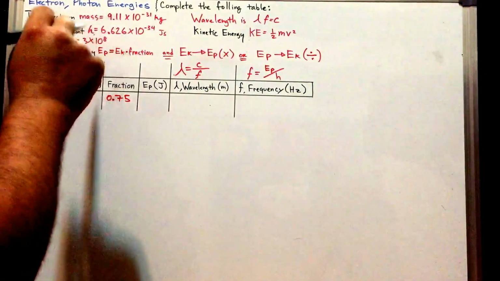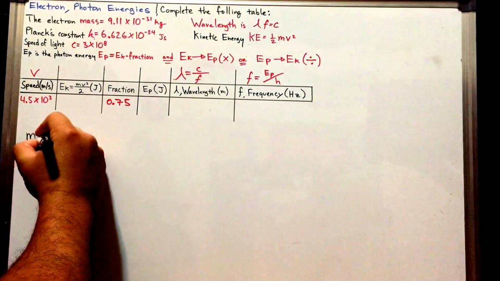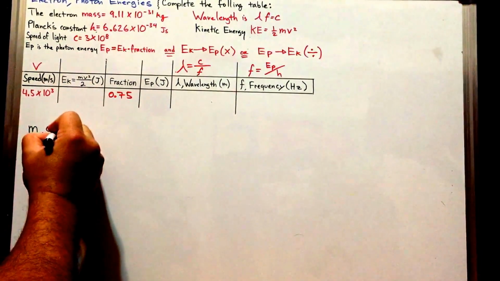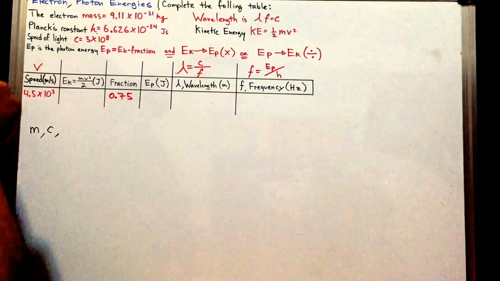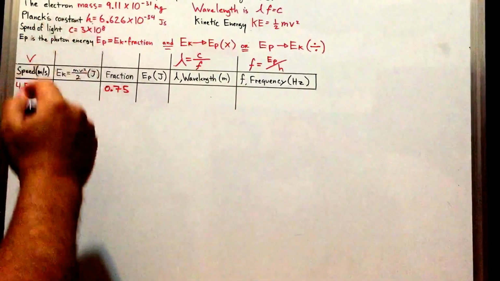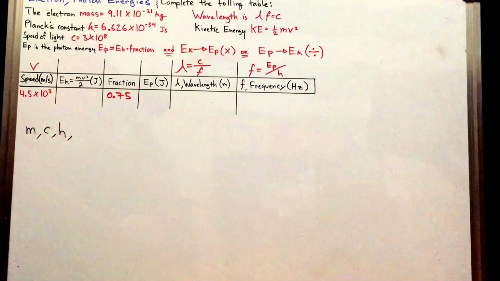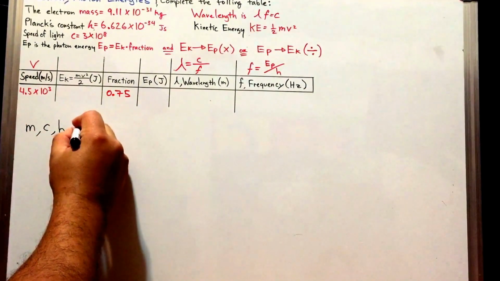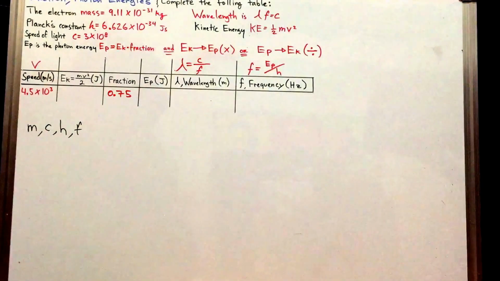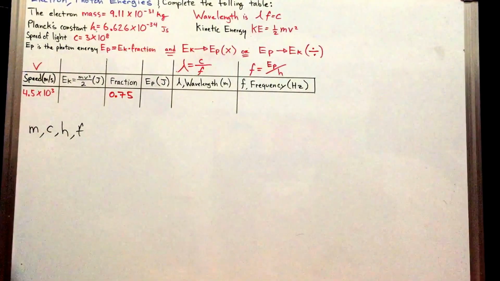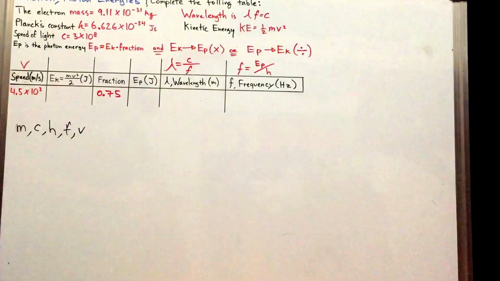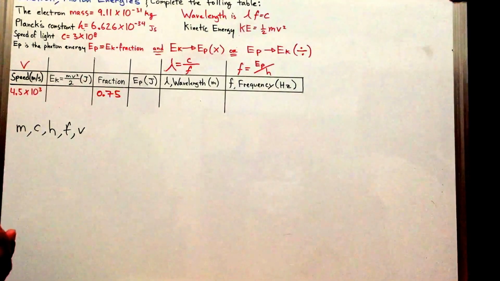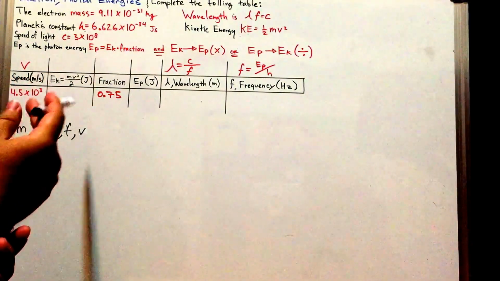We have the mass, the speed of light, Planck's constant, a fraction, and velocity. So just by looking at these, I can proceed with the EK.